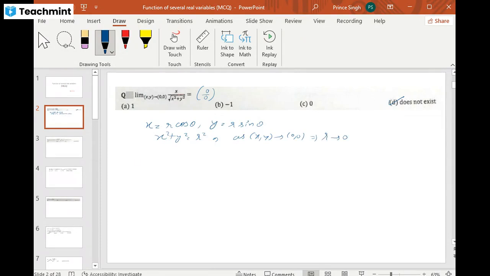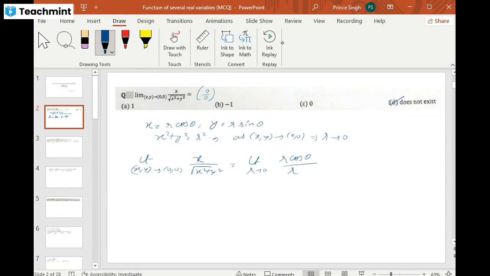So this limit problem is now converted into limit r tends to 0 of r cos theta upon square root of x square plus y square, which is nothing but r, because here r represents the radius.